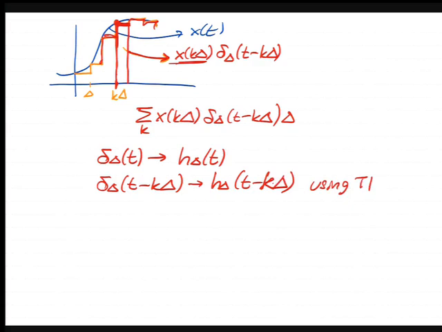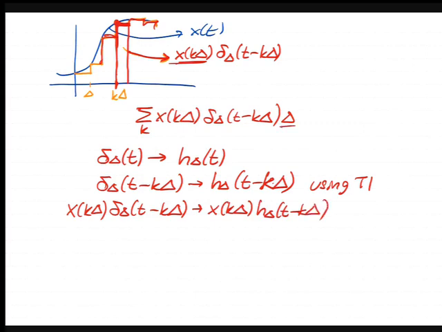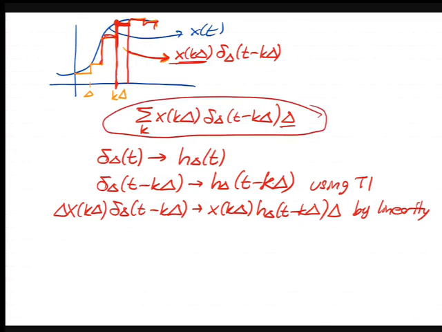And then, if the input is a scaled version of this, scaled by x of k delta, by linearity I'm going to get the same scaling factor, x of k delta, times h delta of t minus k delta, right? And there was another delta here, so let's multiply both sides by delta, again by linearity. That means if the actual input to my system is the sum of these k's, I'll get the sum of these things here, again by linearity.